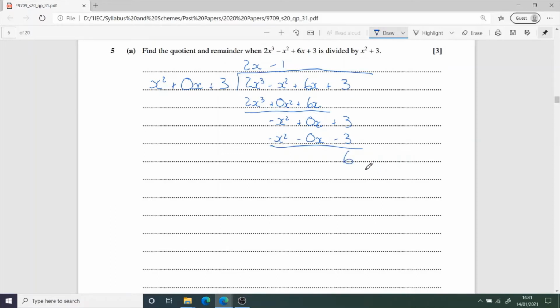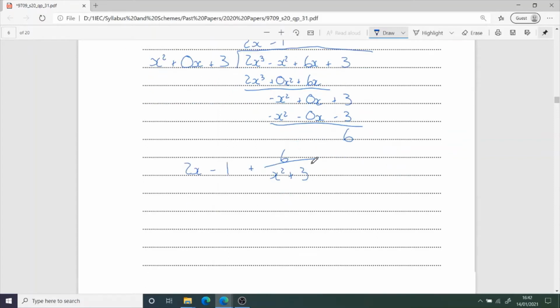So this is our remainder. So our quotient is 2x minus 1, and our remainder is 6. We could write this as 2x minus 1 plus 6 over x squared plus 3. Our quotient and our remainder.